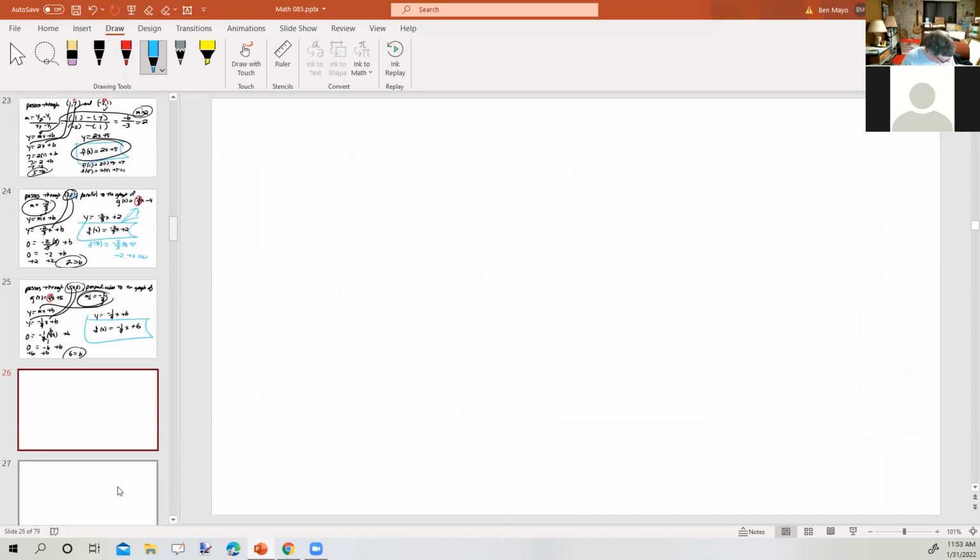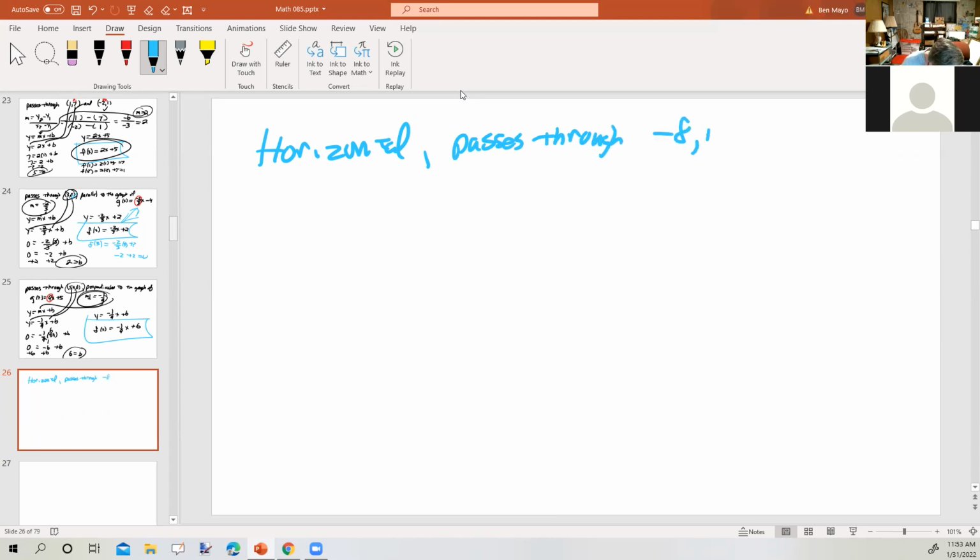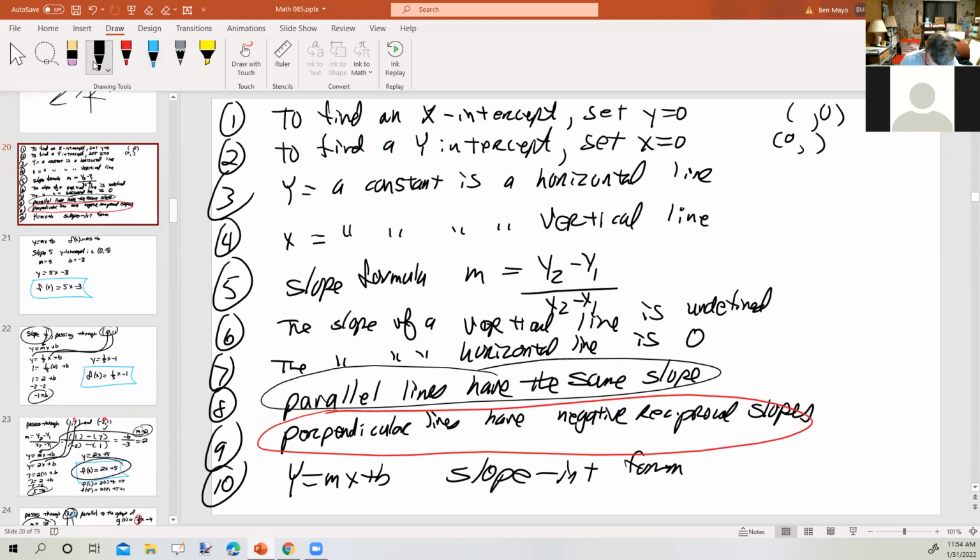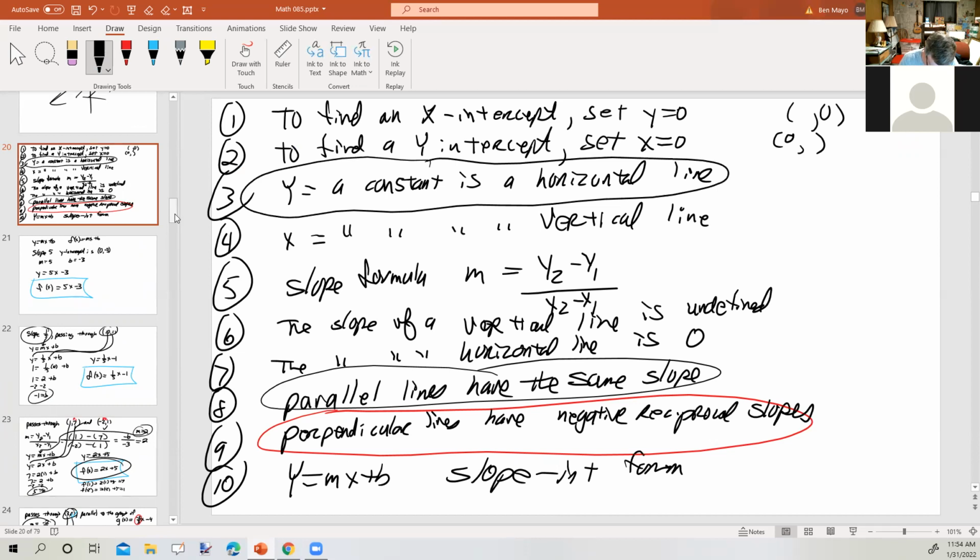Okay. This says that the line is horizontal and it passes through (-8, 12). Well, let's go back to this. y equals a constant is a horizontal line.